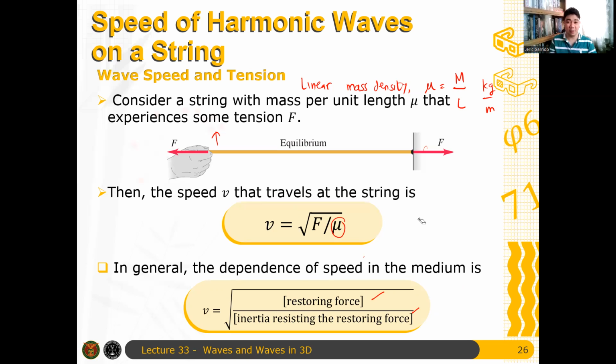There's also this velocity of a gas, and medyo related siya dito kasi kung naalala niyo, molar mass yung denominator nun. And again, mass is that inertia resisting the force. So, for a string, ito yung itsura nung expression mo. But in general, it's just square root of some restoring force divided by some inertia resisting that restoring force.